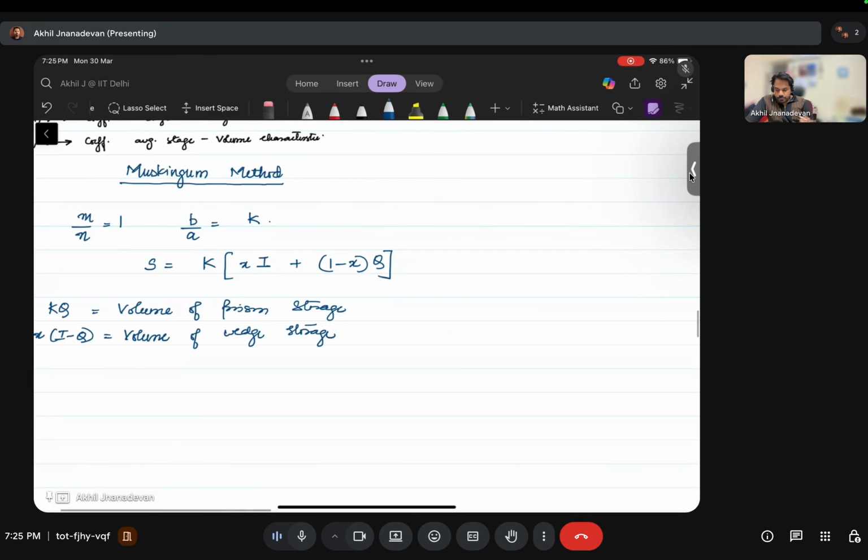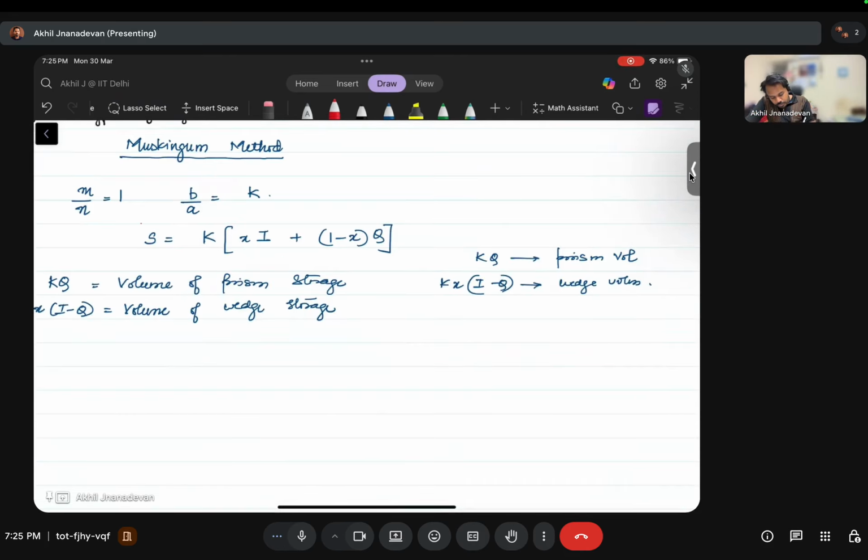So the inflow coming to the wedge is I minus Q, and the inflow coming to the prism storage is Q. Based on that, if you multiply K with Q, it gives the prism volume, and if you multiply this with Kx, we get the wedge volume. So this is the basic understanding, and we have derived the relation for this particular storage function.